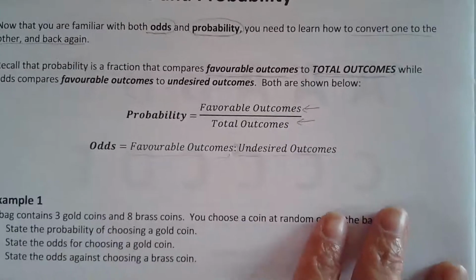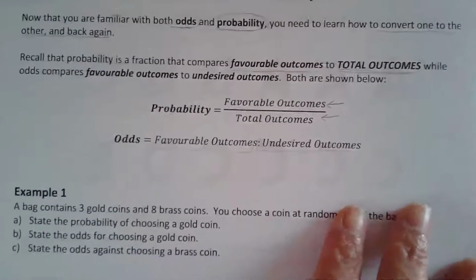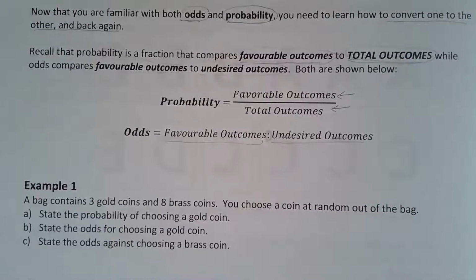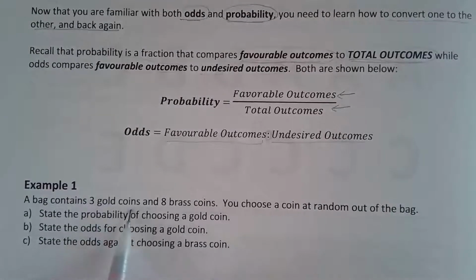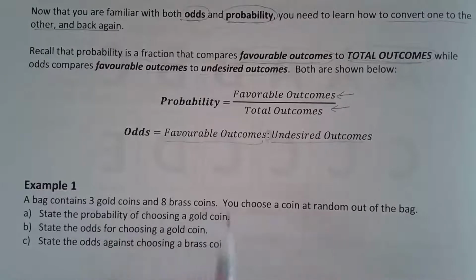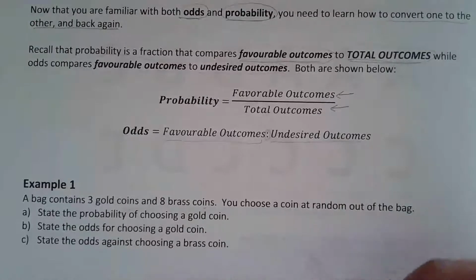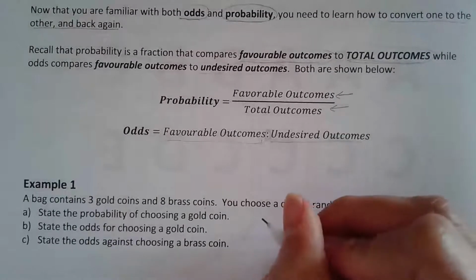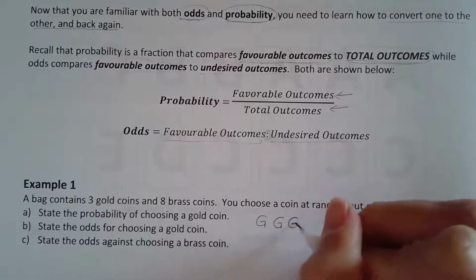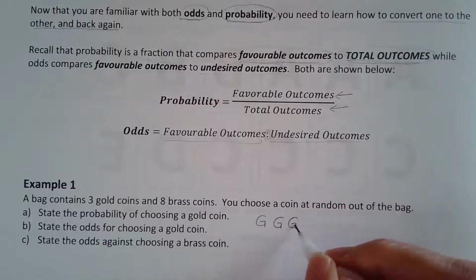So let's take a look at example number 1, because sometimes it's easier with examples. A bag contains 3 gold coins and 8 brass coins. So in this bag, you're going to have 3 gold. I'm just going to call it G, G, G. So these are my 3 gold coins.